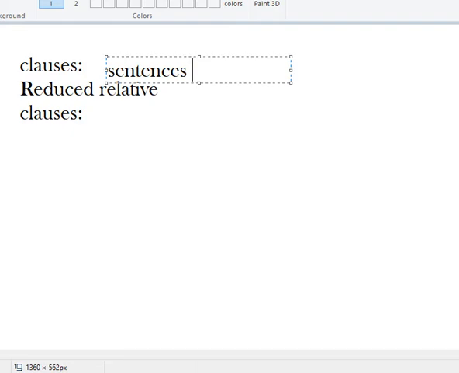And now we look at this unit number 8, reduced relative clauses. What are the rules that are required to reduce the relative clauses? Remember the previous units, there was a reduction when you were talking about the same person. There could be a reduction of the relative pronoun. So now we will see in unit number 8 something similar.